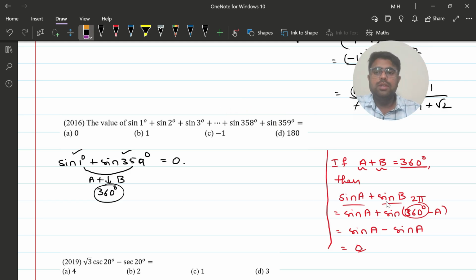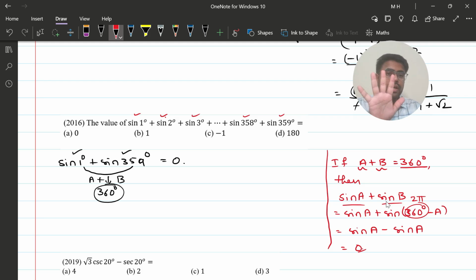Okay, so in this case you can see we have sine 1, sine 2, sine 3, up to sine 358, sine 359. So from 1 to 359, how many terms is it? These are 359 terms, right? 359 is an odd number, so there are an odd number of terms here.